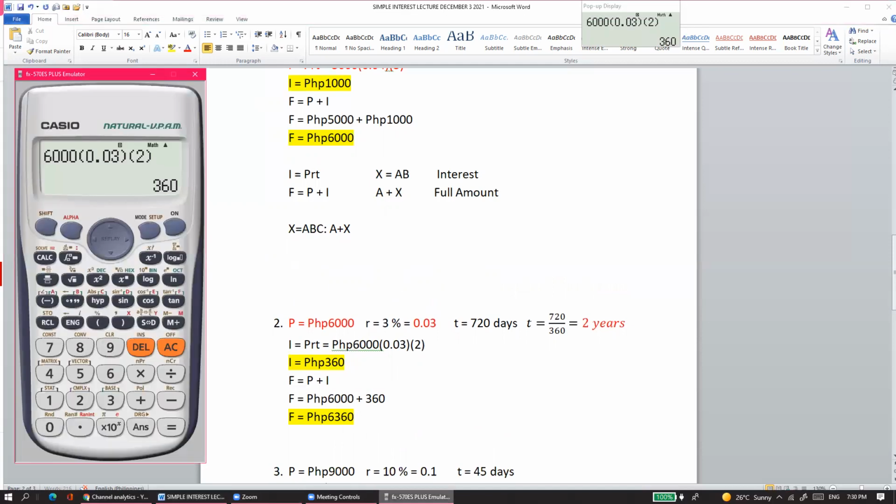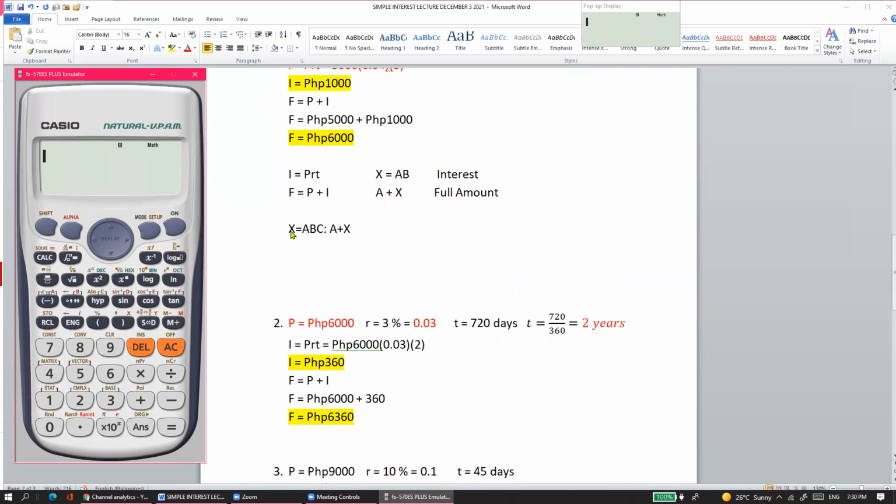Okay, so ganito lang siya. So I'll make sure na yung calculator ko naka-mode 1. Okay, naka-mode 1 siya. Ulitin ko lang, no? Yan. So, mode 1. So, okay na siya.